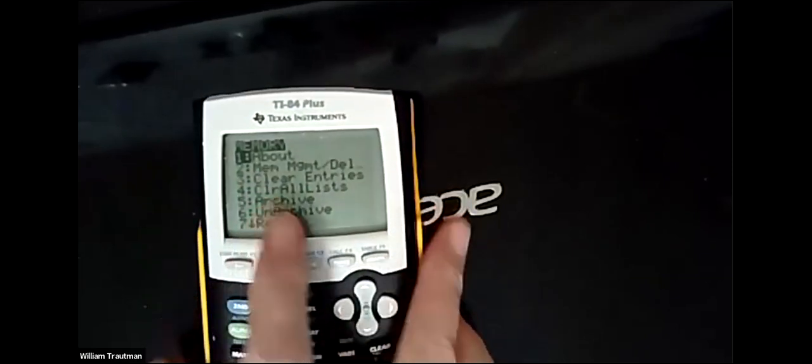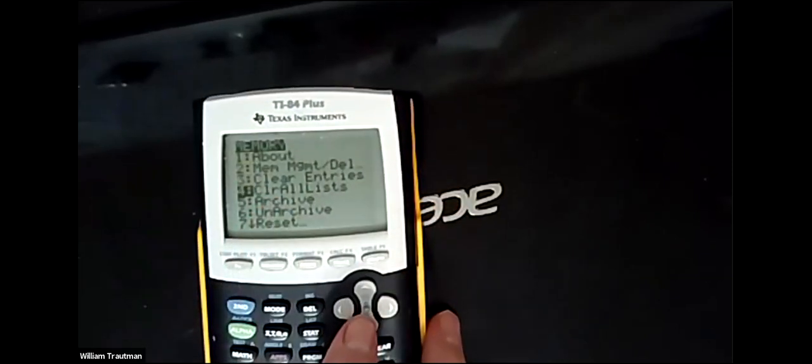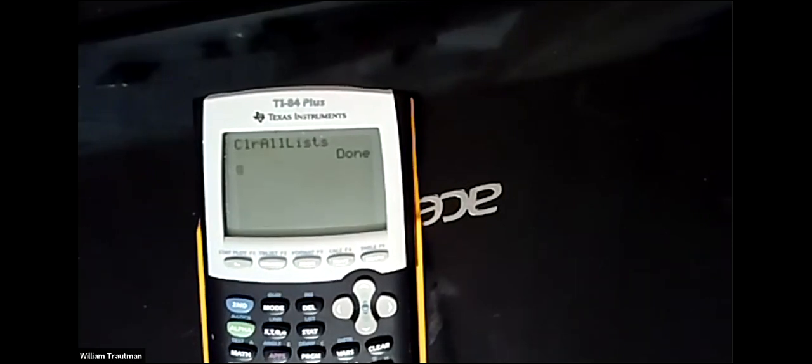Oh, that's good. Yeah, hit second memory and hit clear all lists. Oh, there we go. Yeah, that's a good idea. Go down to number 4, hit enter, clear all lists, and then they're all cleared.